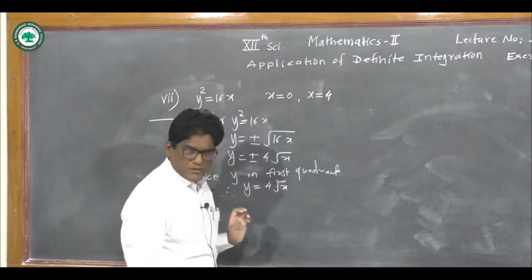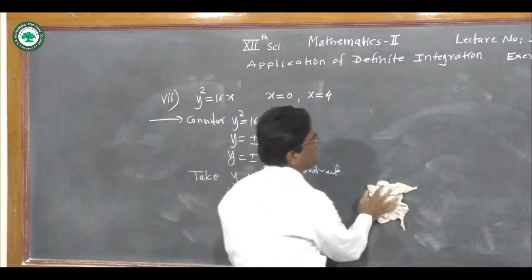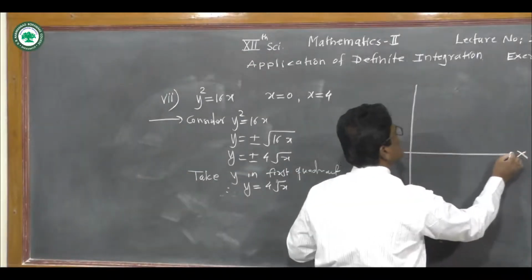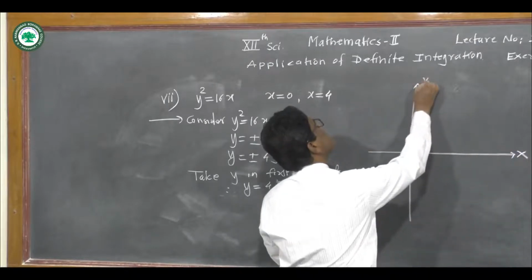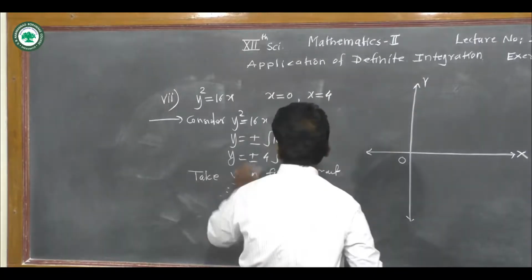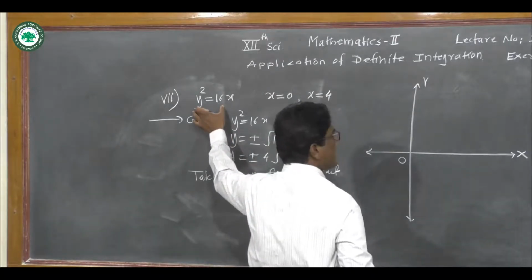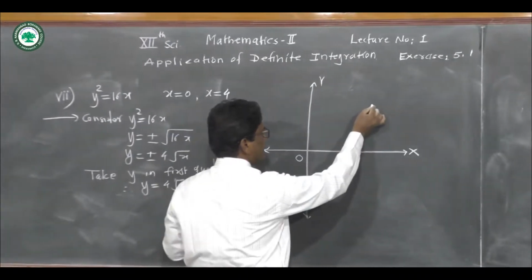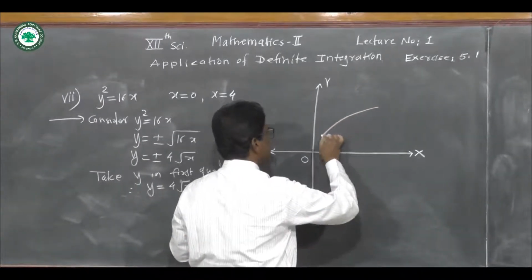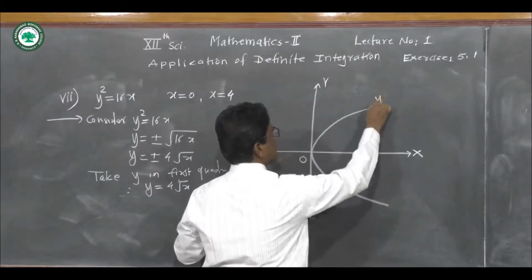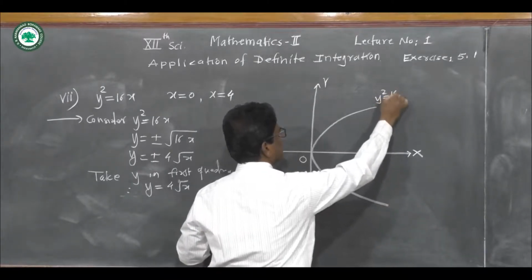Now if we draw the figure, y square is equal to 16x, with the x-axis, y-axis, and origin. Y square is equal to 16x means the parabola touches the y-axis. So the parabola is like this.